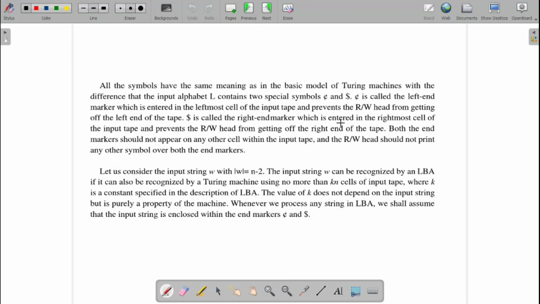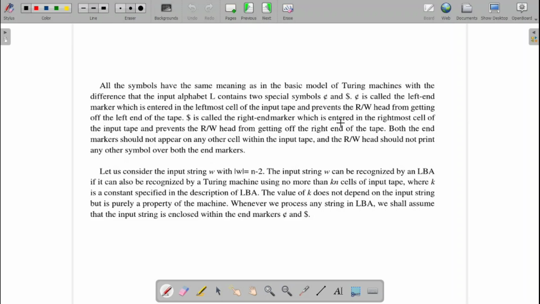Both end markers should not appear in any other cell except on the input tape. And the read-write head should not print any other symbol over the end markers. We need to retain the end markers; you are not supposed to change them.